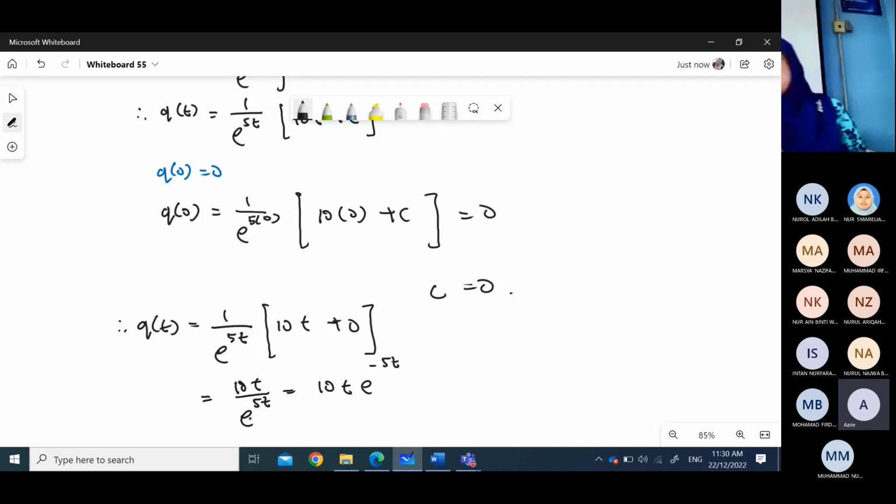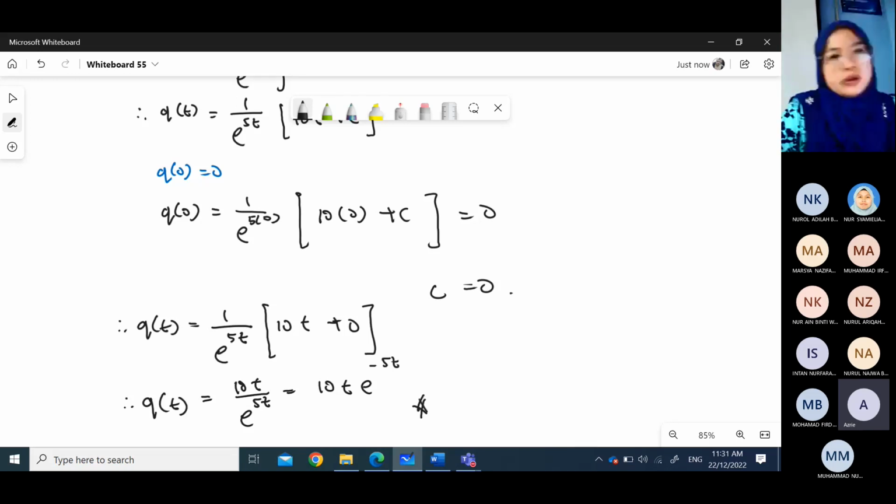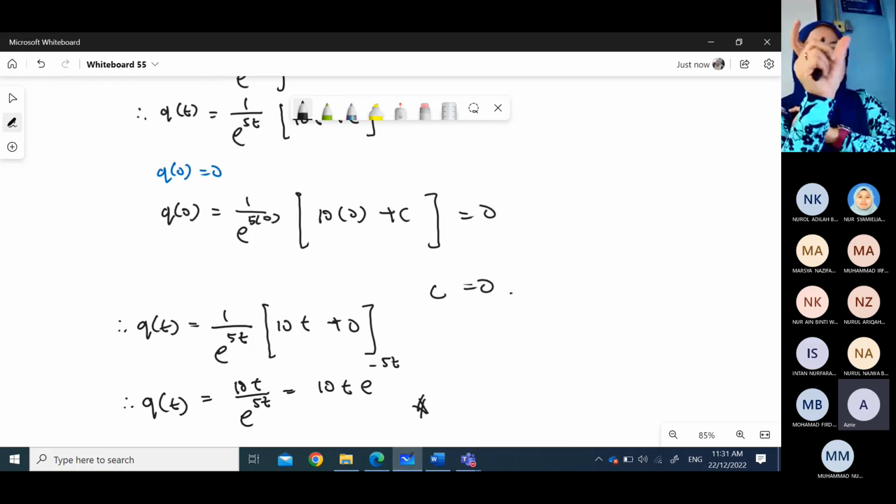So you bawa exponent 5 ke atas dan kita akan dapat the power here is negative. Okay, inilah jawapan dia. So based on this equation, you can estimate the charge untuk certain time yang you nak. Katakan the charge after 10 minutes, you just enter t equal to 10 and you will have the charge. Alright? Okay, faham?